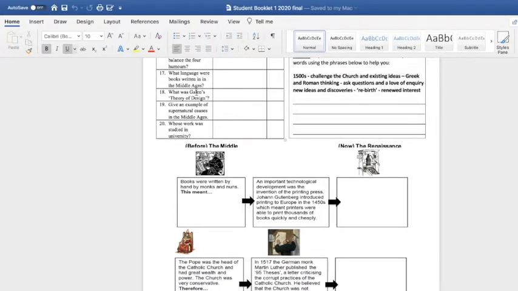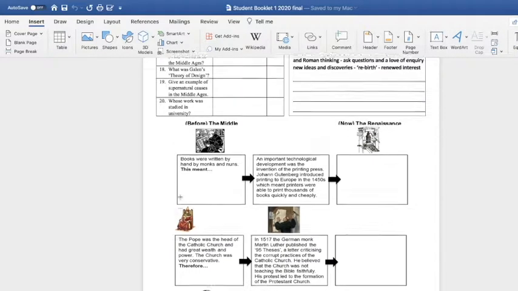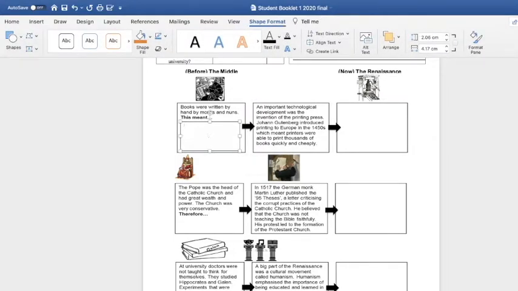So we just said over here that books were written by hand by monks and nuns. This meant that there was not a high quantity of books because they were all handwritten.